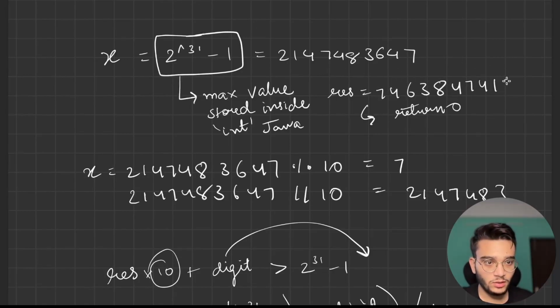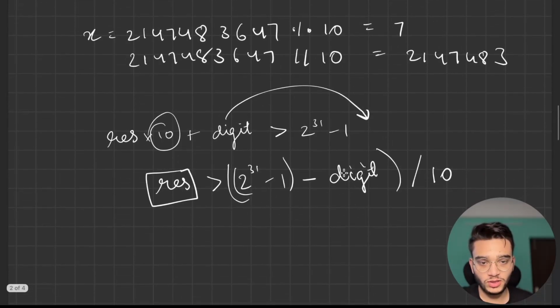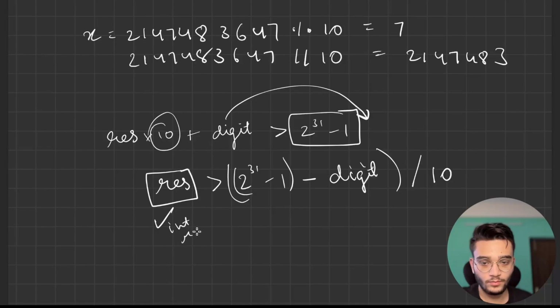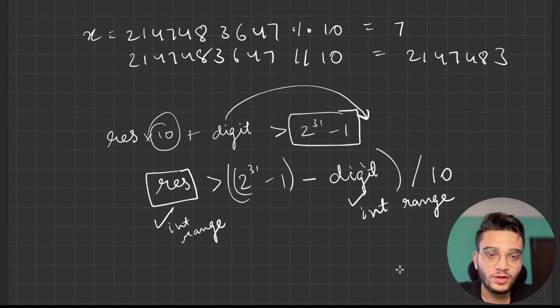This trailing 2 will never be added here, and it will never overflow the maximum integer value. And since this whole expression is less than the maximum value of the integer which is allowed, this is also inside the int range. And now this would be valid, and our test case would pass if we do like this.